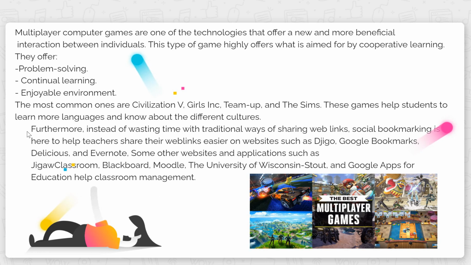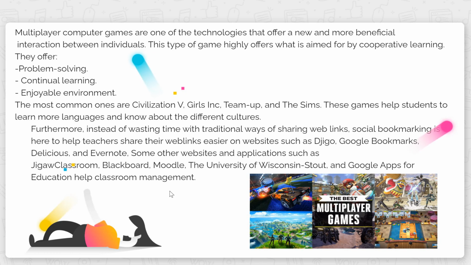Furthermore, instead of wasting time on traditional ways of sharing web links, social bookmarking is here to help teachers to share their web links easier on websites such as Jigo, Google Bookmarks, Delicious, and Evernote. Each one has its own goal, its own system, and there are some other websites, of course, and applications such as Giga Classroom, Blackboard, Moodle, Google Apps, and many others.